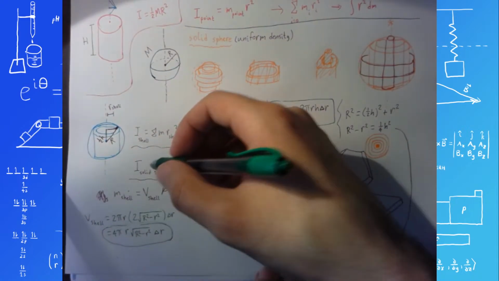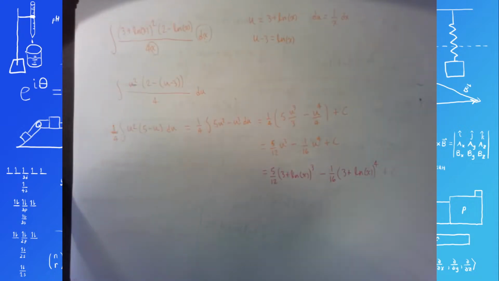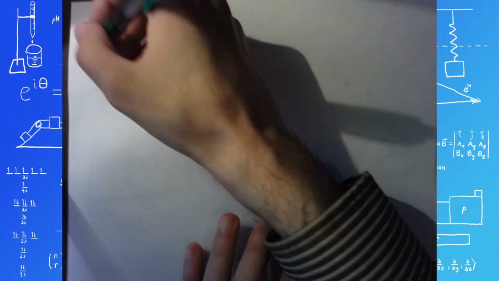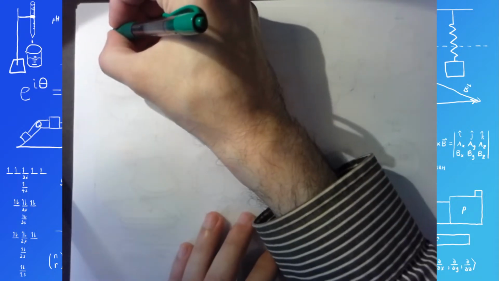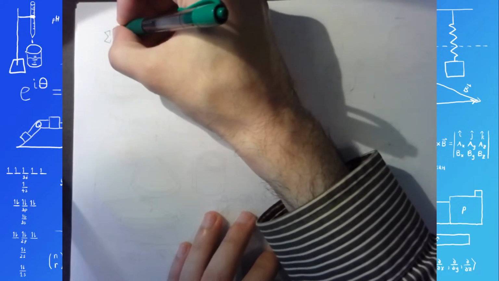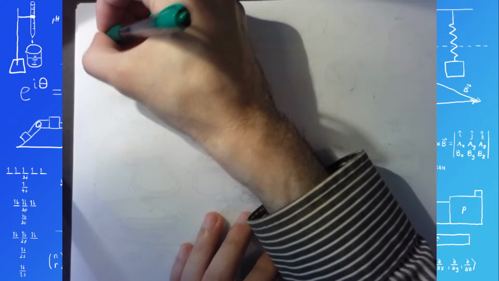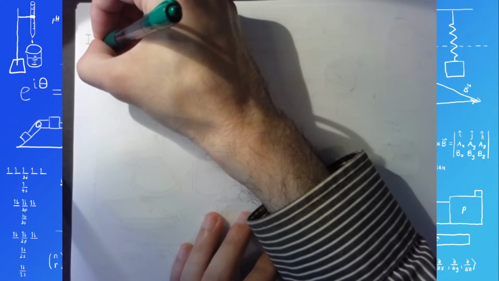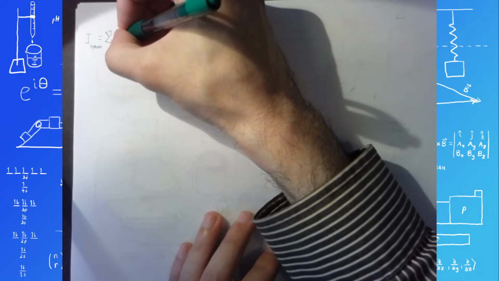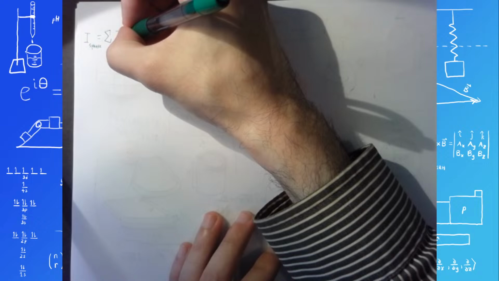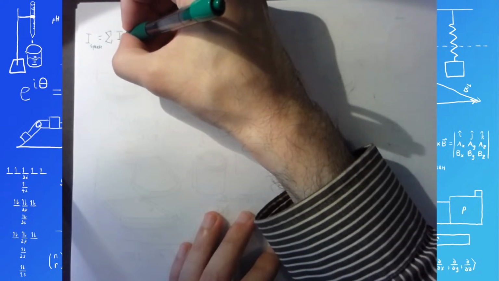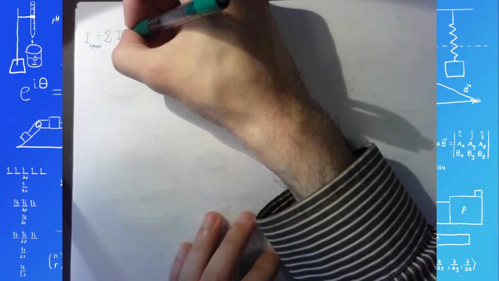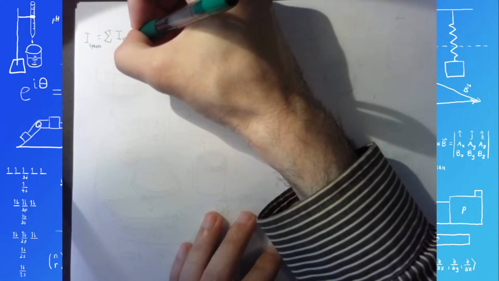So let's see, the moment of inertia for a solid sphere is equal to the sum of the moments of inertia for individual cylindrical shells.